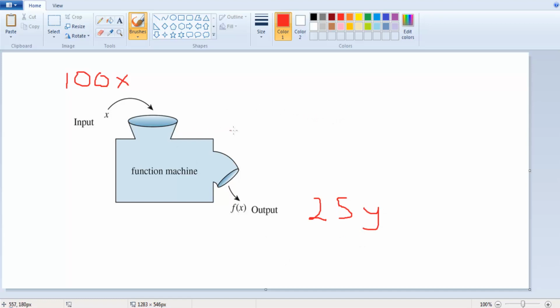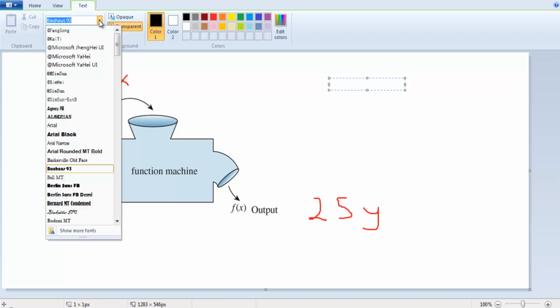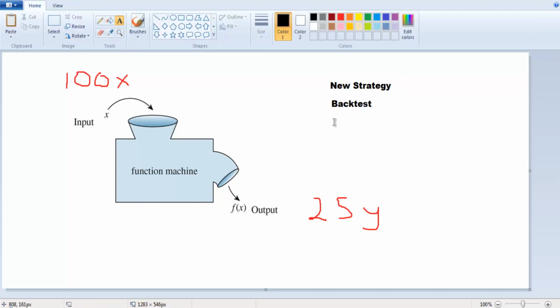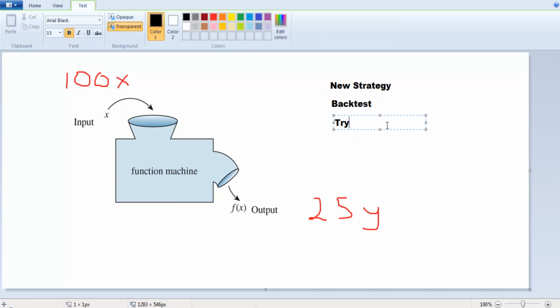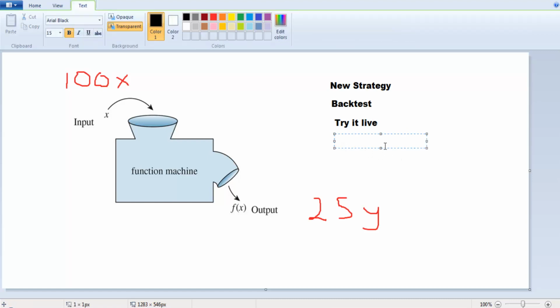So let's go through the logical steps of what is actually happening. For instance, you have a new strategy. Then what happens? You backtest, right? Then what happens? Try it live. Then what happens? Do not get the same results.